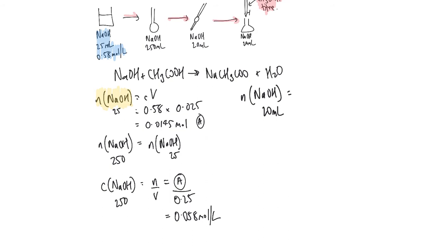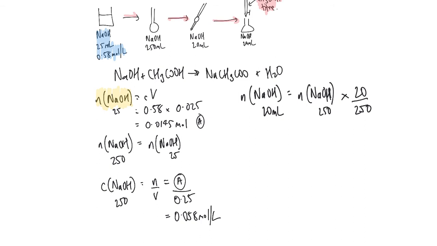So the number of moles in the 20 mils would be the number of moles in the 250 mils times a fraction, and the fraction is 20 over 250, which is the volume of your unknown over the volume of your known. If that looks familiar, it's from the stoichiometric ideas. This is all about ratios. You'll notice that I also didn't have to put them in liters.